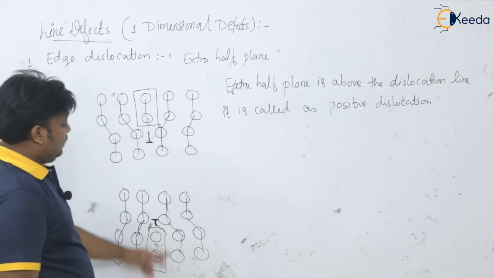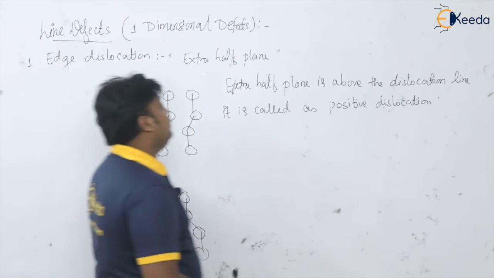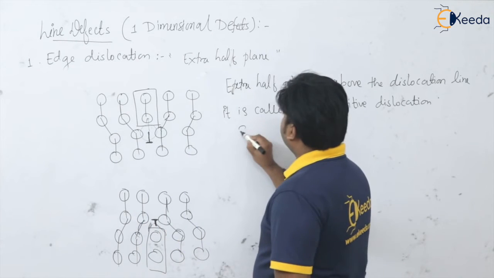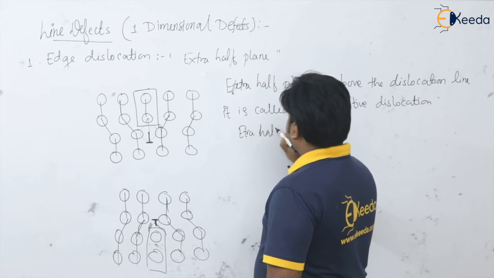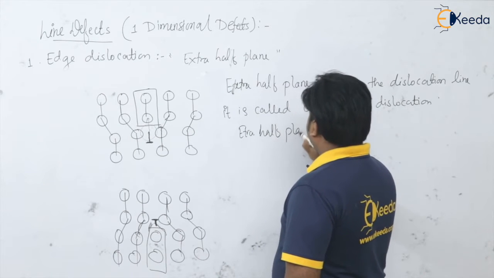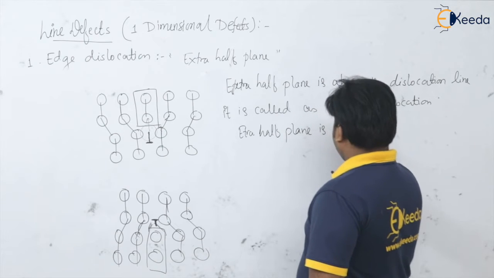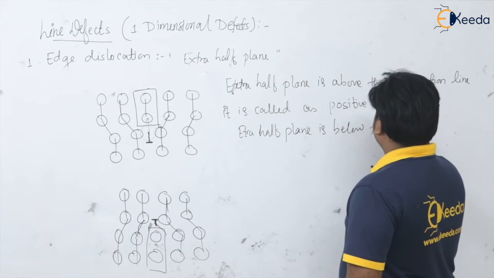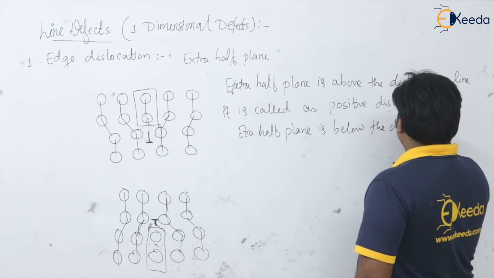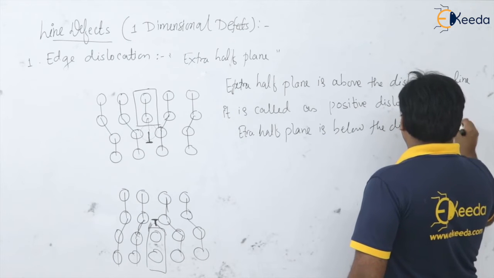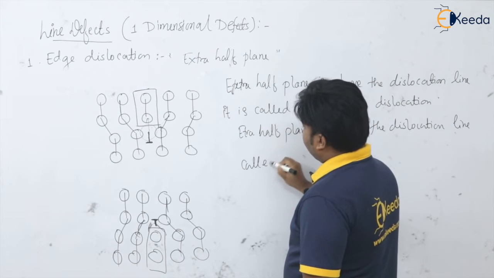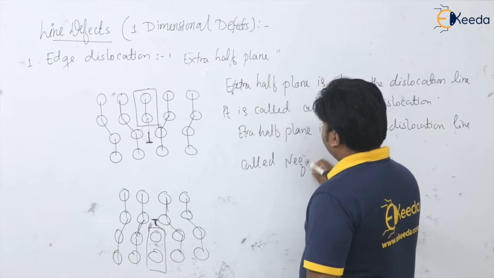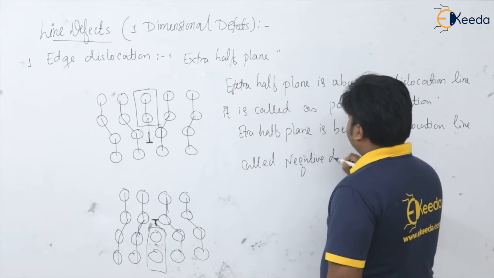It is called the negative dislocation. When the extra half plane is below the dislocation line, it is called negative dislocation.